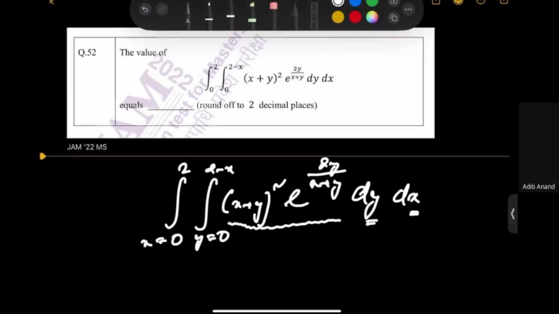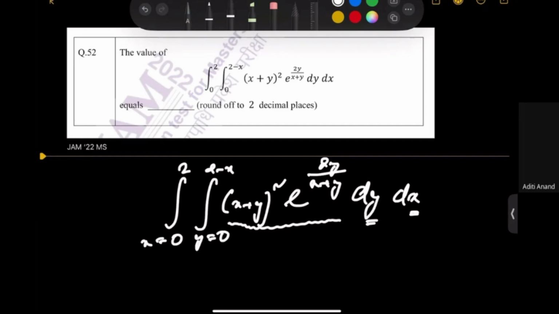So can you tell me why we should be doing that, so that the rest of the students can also get the idea? Actually, sir, I saw that there is x plus y whole square. So we are getting two terms including x plus y, e raised to 2y by x plus y. So from that I thought to replace it by t.